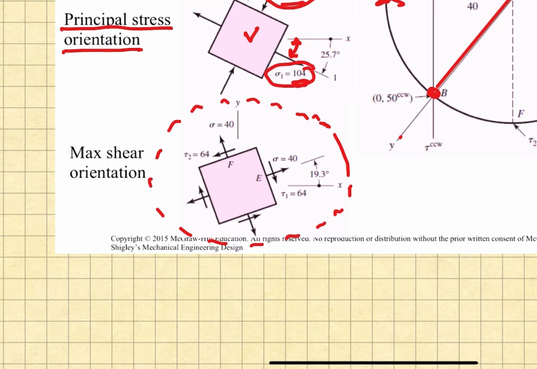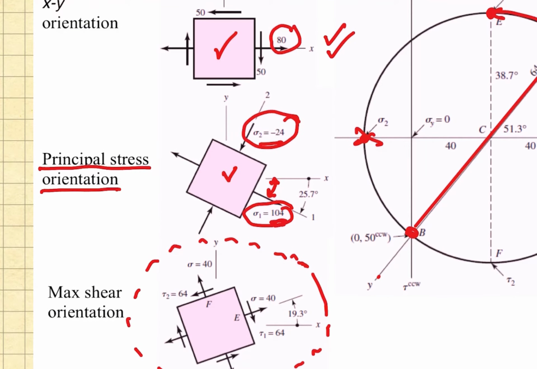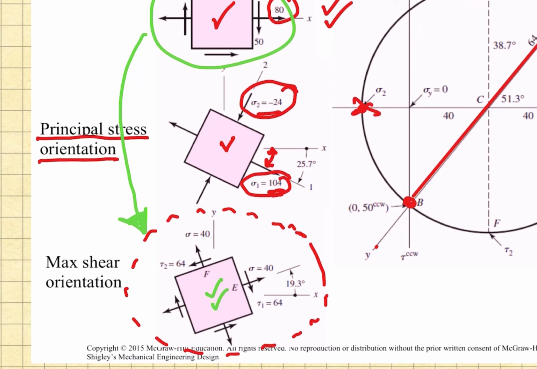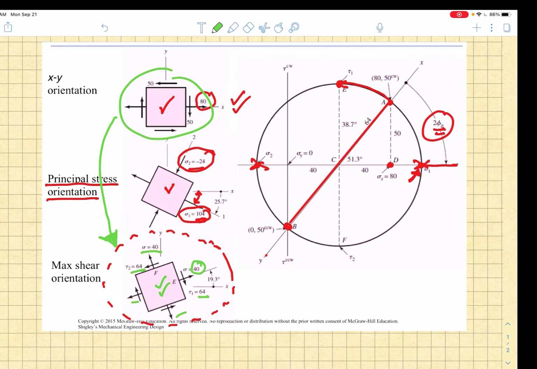So if we rotate from the initial state, which is shown up here, to the maximum shear stress state, which is shown down here, then we find that the tensile stress acting on this face is 40, and the shear stress is 64. We have 40 operating on the other tensile face. The shear stress is 64. So that allows us to easily identify those key stress states associated with various orientations of material elements inside a sample.